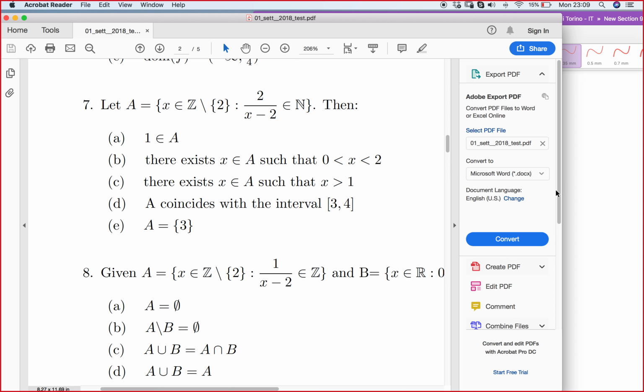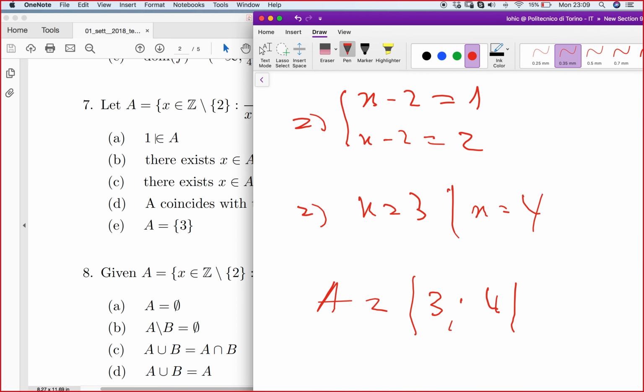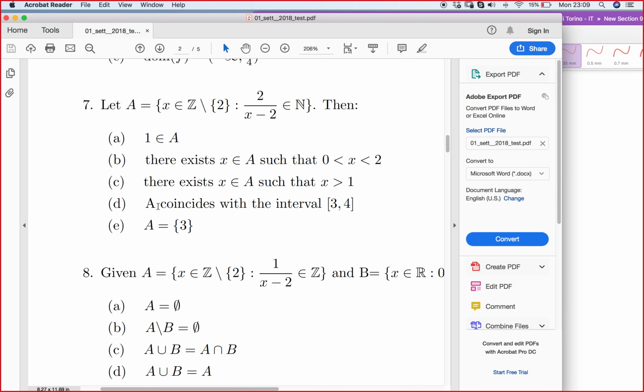If I take 3, it is greater than 1. But there is no 5 in A. The set A contains only 3 or 4. Right? So the answer C is correct. That says that there exists x belonging to A such that x is greater than 1. You understood that is correct, or you didn't understand?